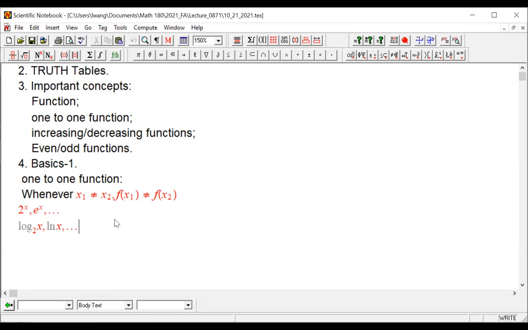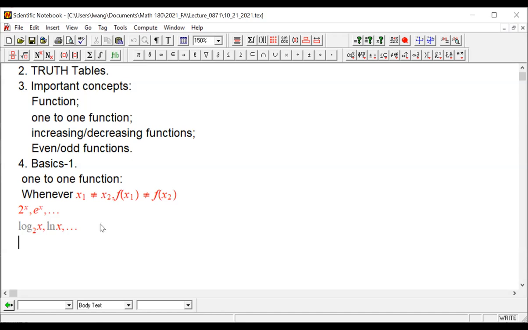Okay, does that help? And further on, as we study sine, cosine, tangent, cotangent, every lecture we mentioned that sine is not 1-to-1, right? So how do we introduce arcsine? Remember those lectures, right?